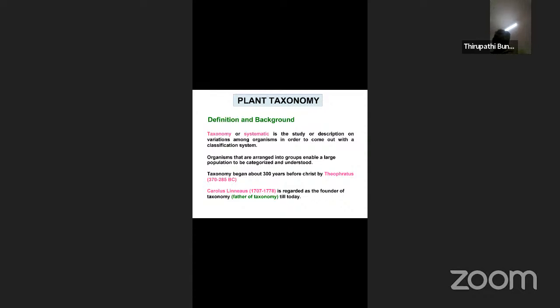We have also studied different wood yielding plants. According to our syllabus, we are studying 5 plants. Tylosis we also studied.